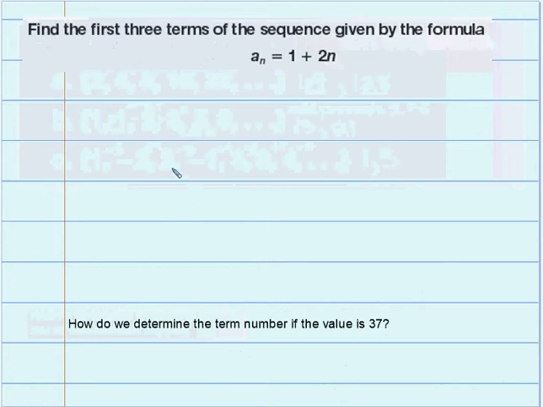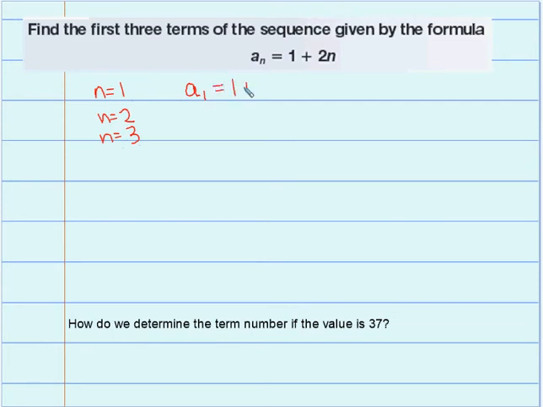Okay, a couple more examples. Find the first 3 terms of the sequence given by the formula a sub n equals 1 plus 2n. So remember that n is just going to equal 1, and then it will equal 2, and then it will equal 3 to get the first 3 terms. So we substitute a sub 1 equals 1 plus 2 times 1, and our answer would be a sub 1 equals 1 plus 2, so 3.